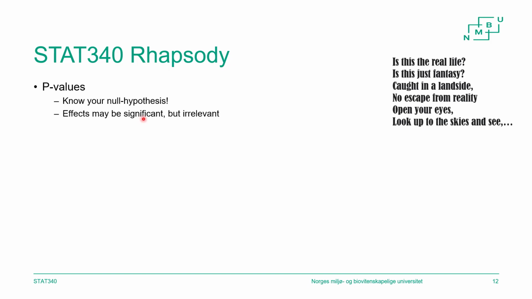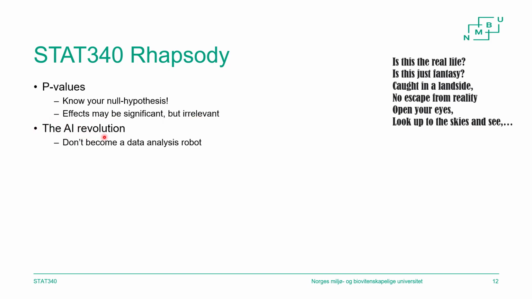It has to be significant, but it also has to be of some size to be relevant. That's good advice in all practical data analysis. First, significance, but then consider, is this really big enough to be important? So that's my take on p-values.